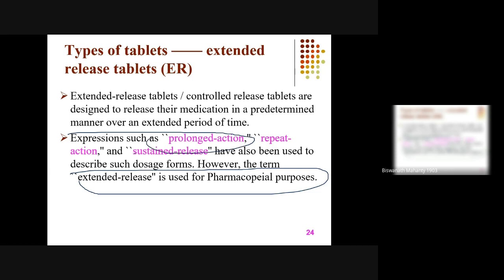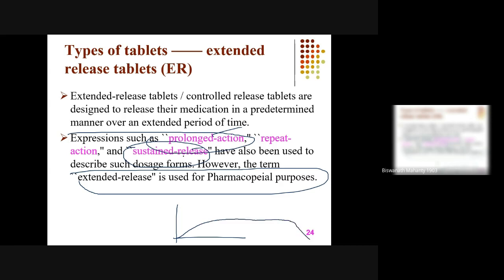Prolonged action, sustained release. Prolonged action means it will increase the blood drug concentration over a long period of time. Sustained release means the drug is absorbed for a longer period of time. So there is a difference; this terminology is not really similar. Prolonged action means in blood you will find the drug concentration is extended.